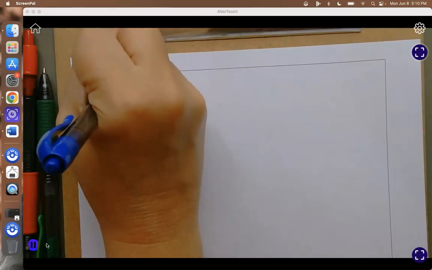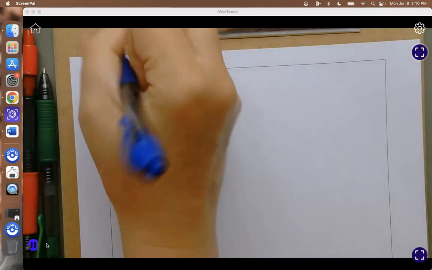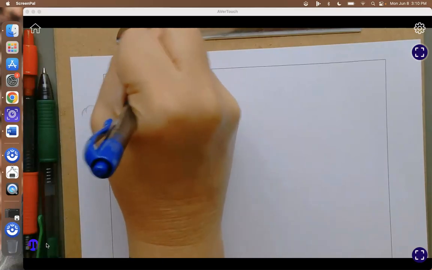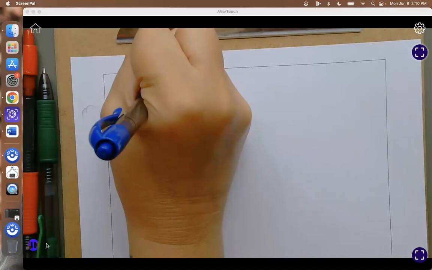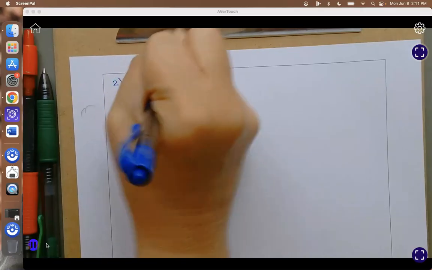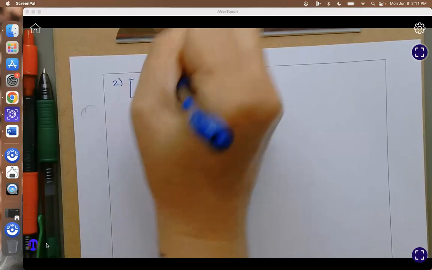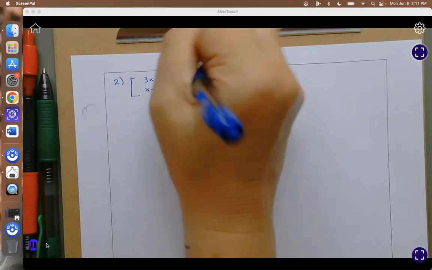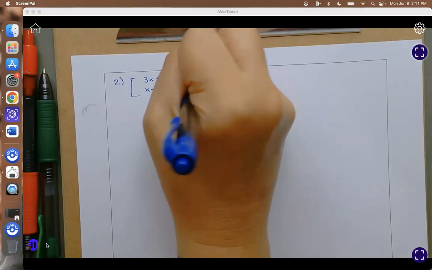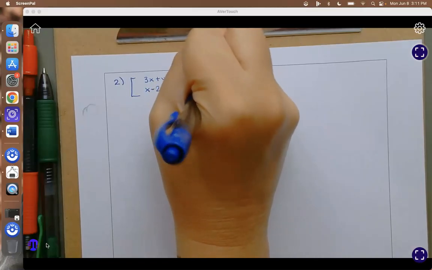Alrighty, problem 2. We have 3x plus y, then the second row is x minus 2y, then we're going to have equals x plus 3, y minus 2.